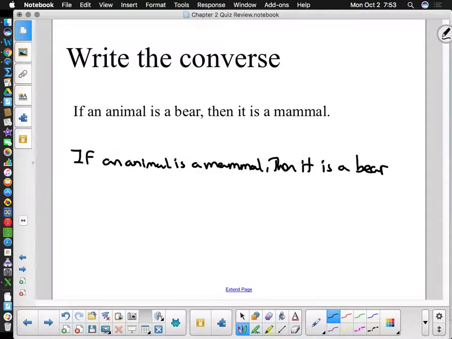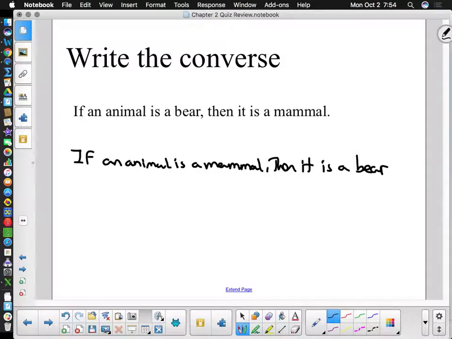Okay? If you wrote if it is a mammal, then an animal is a bear, I'd be fine with that. I would not take off any points or think any less of you as a human being. But just for convention's sake, I do it this way.